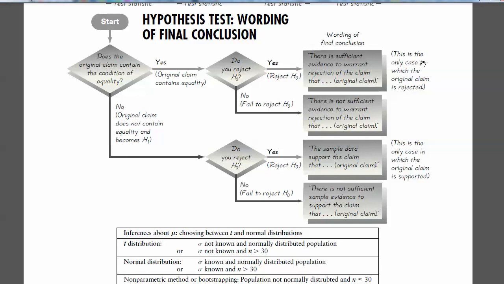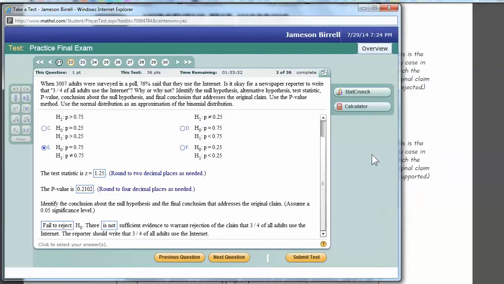This is the only case in which the original claim is rejected. This is the only case in which the original claim is supported. If the original claim does not contain the equality and then we reject the null, we then actually are supporting the claim. But in this case, we're not supporting the claim, we're just not rejecting it. And there is an important difference. All right, that's number 22.